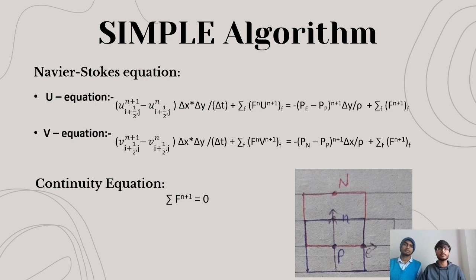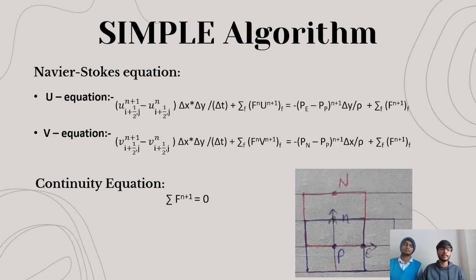According to the SIMPLE algorithm, the discretized form of the Navier-Stokes equation is given by, for x direction, u at n plus 1 at time i plus 1 by 2 comma j minus u at i plus 1 by 2 comma j at n at time, into delta x into delta y upon delta t, plus sigma f at nth time and u at n plus 1 at time f is equal to minus pe upon pp at n plus 1 at time delta y upon rho plus sigma f and f at n plus 1 at time f.